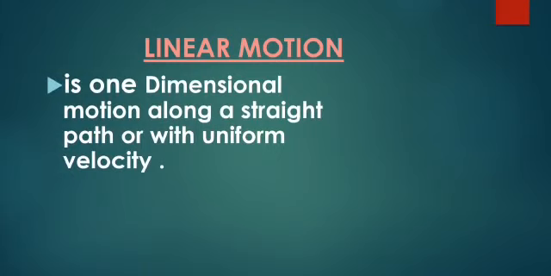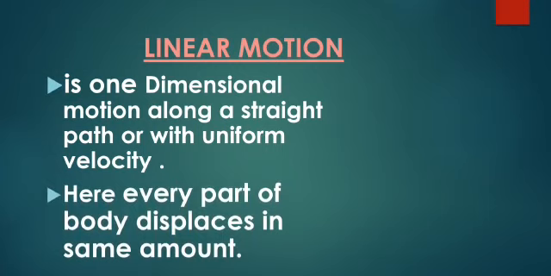Here we can say that linear motion can be defined in two ways. If a body is moving in a straight line, we can say that it is in linear motion, while if a body is moving with uniform velocity and not changing its velocity, it means the motion of the body is linear.